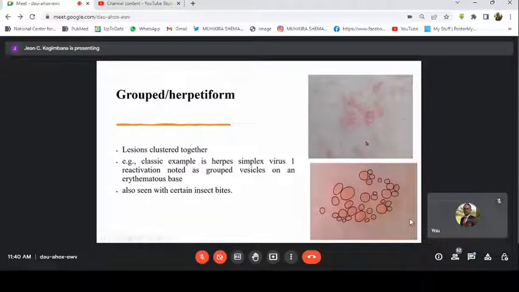You may say grouped and mixed vesicles. In your mind, you know the characteristic of herpes infection is the herpetiform pattern, or grouped vesicles. Now, this is herpes simplex. Okay, they are grouped like this one. You see, this is just the pen. Grouped lesions, they are vesicles, and it's classic in herpes simplex.